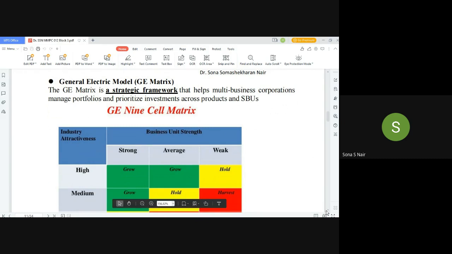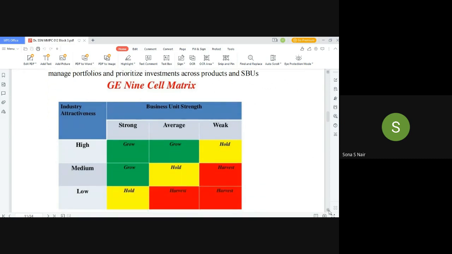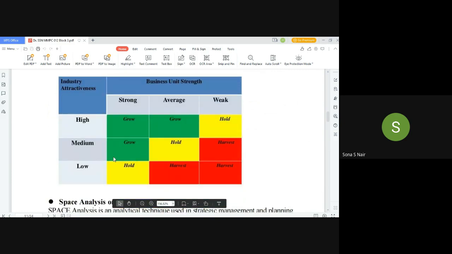Here also, there are 9 cells which work out, and generally speaking, if the industry is less attractive and the business is good, then we'll hold it. Hold in the sense of we'll follow the stability strategy, we'll come to that. We'll stand there, we'll sit there, and we'll try to earn as much profit as we can, do business.